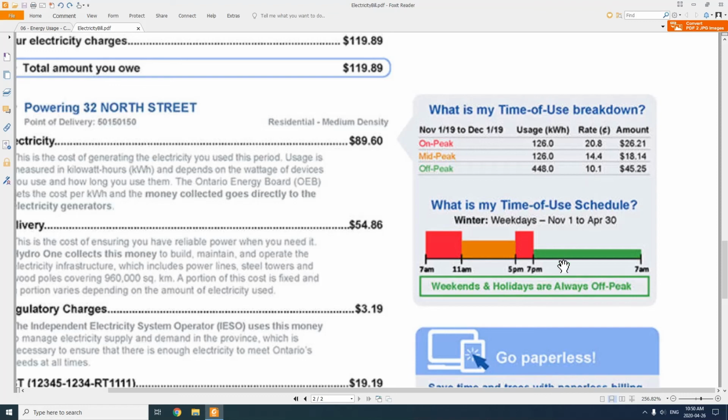So a lot of people will choose to use those after 7 p.m. so that they're in the cheaper usage. And that's because, if it costs you 30 cents to run your dryer for an hour, now it's going to be half as much if you did it during the off-peak time. So that's one of the key things there, is looking at that price difference, and it is significant.